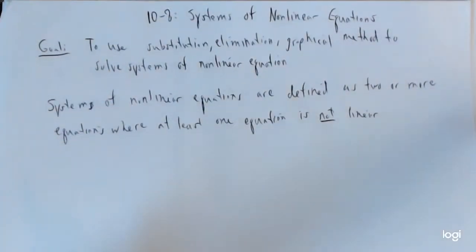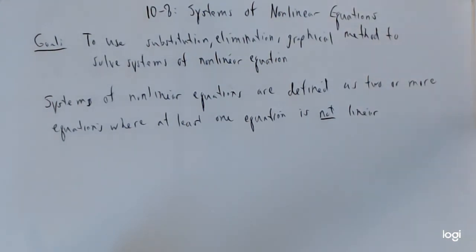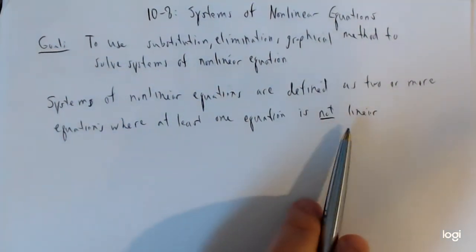So we're saying it's not that we can't have linear equations. We're saying one of them has to be nonlinear.